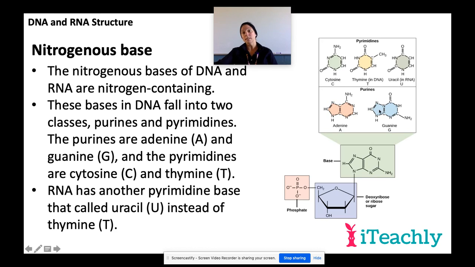Because these three have one ring, we call them pyrimidines. And because these have two rings, we call them purines.